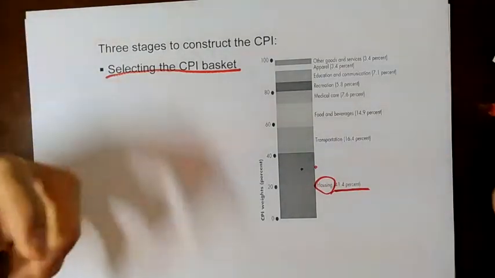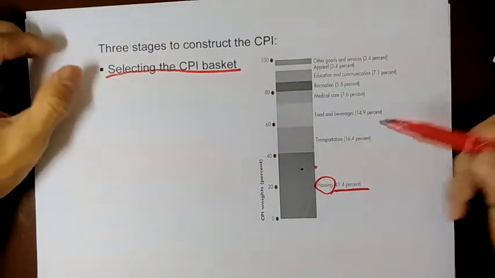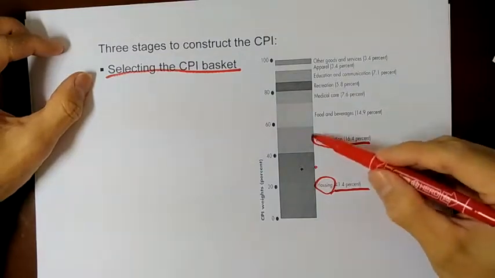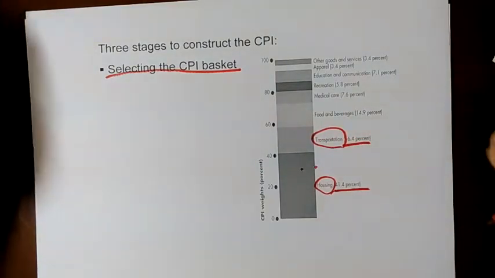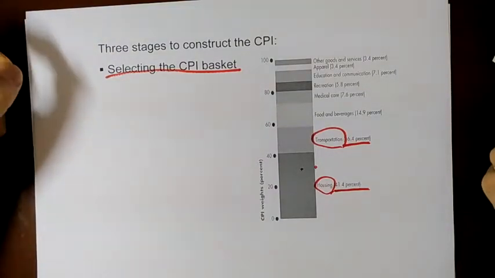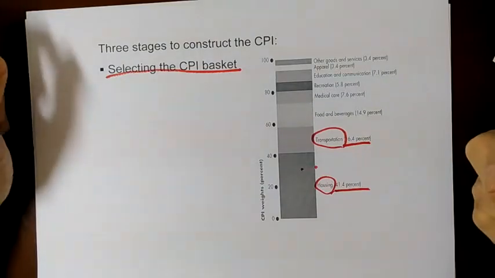Say, for example, the mortgage payment or the rent. And they spend 16.4% on transportation. Say, for example, your car loan, your gas expenses, or your bus fare.